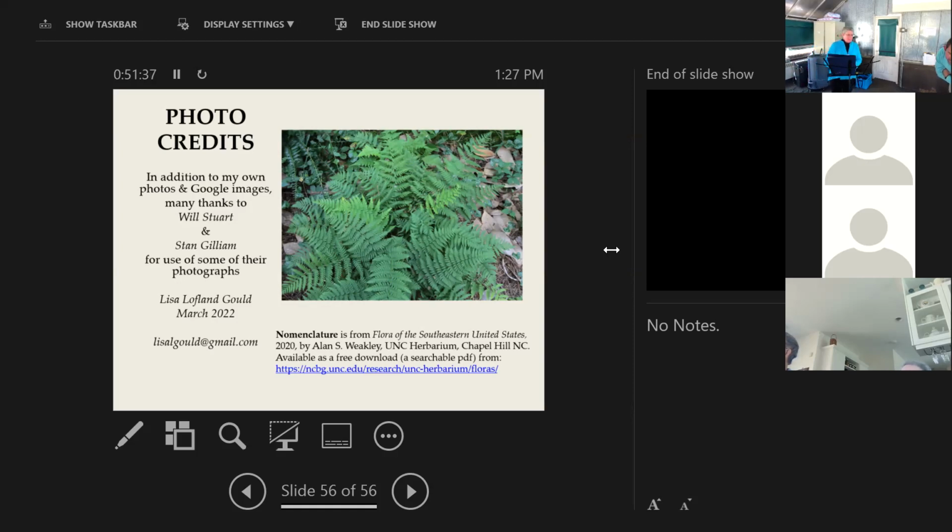Someone has asked, can you suggest native ferns that provide good ecosystem services for restoration sites? Ooh, that's a hard one because it would depend on the site. Whether it was a sunny site or a moist site, ordinary soils, the exposure. I would look at Larry Mellichamp's book as a good place to go for that.